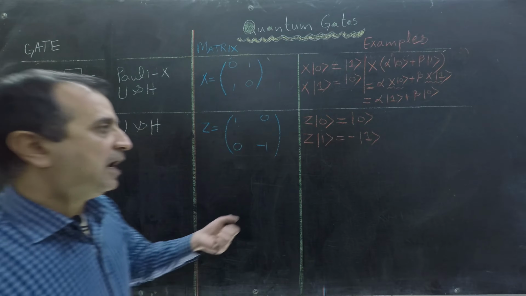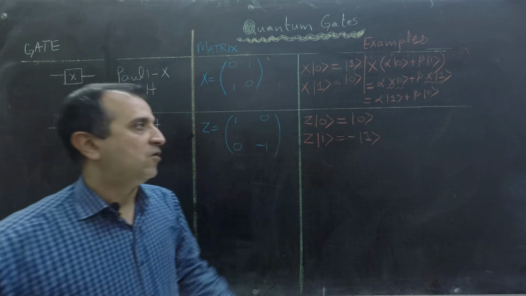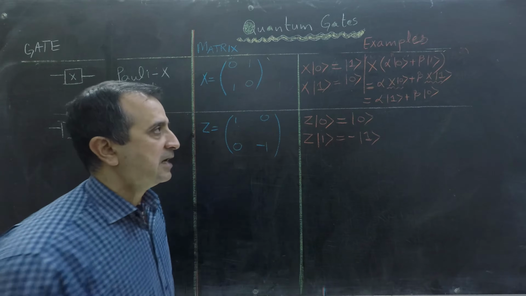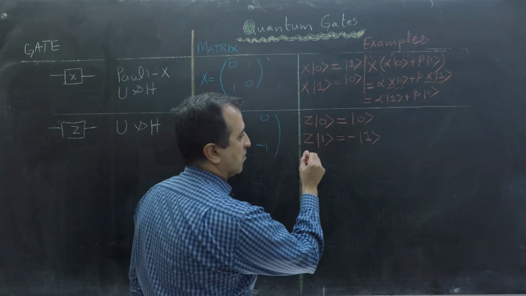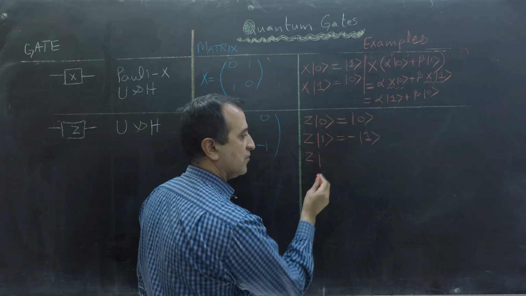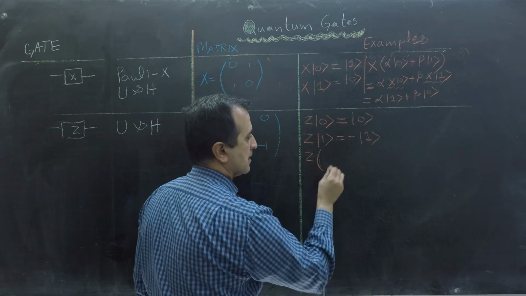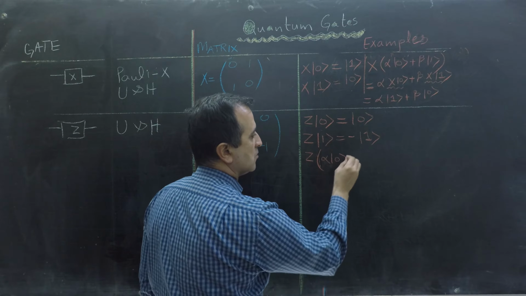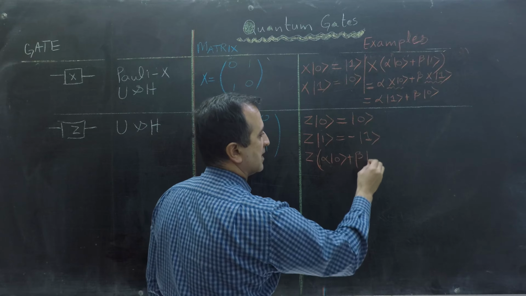We can also apply Pauli-Z Gate on superposition. Let's say I apply Pauli-Z Gate on superposition of alpha ket 0 plus beta ket 1.